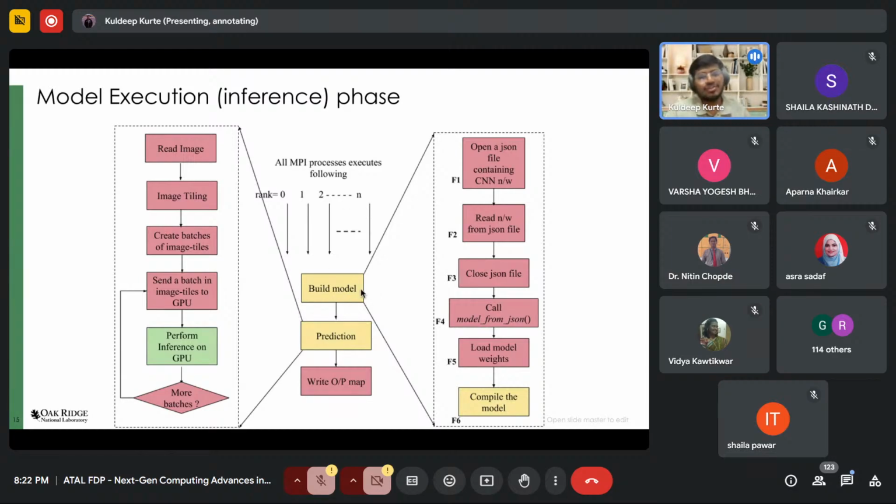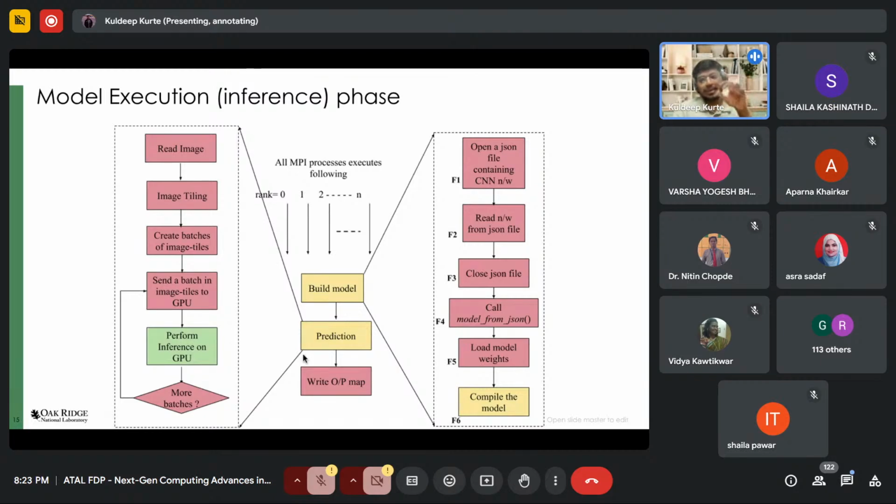So basically, build the model. Please don't go behind the terminology that I used here. What I mean is we instantiate the CNN model and initialize the weights. That is what I meant by build the model, and then you perform the prediction. Prediction has all these other stages, which are pretty common.